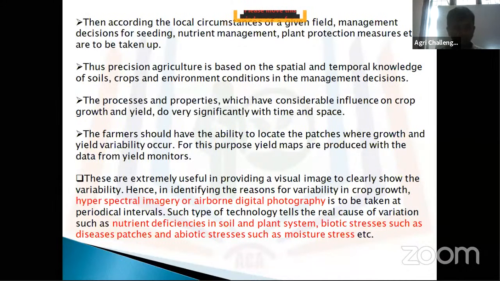Based on that only we follow the management practices. That is precision farming. Based on the variation of soil fertility levels, soil moisture levels, crop growth levels, environmental conditions, rainfall distribution or rainfall quantity, we follow specific management practices, not blindly, not uniformly. The processes and properties have a considerable influence on crop growth and yield.